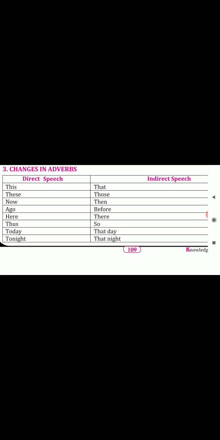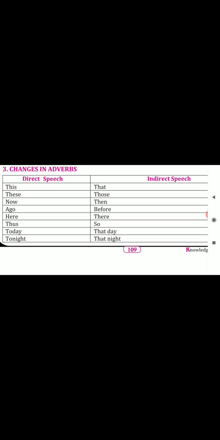Then let us learn the changes in adverbs. So this in direct speech becomes that in indirect speech, like that this becomes those. Now can be changed into then. Ago can be changed into before. Here becomes there, thus becomes so.